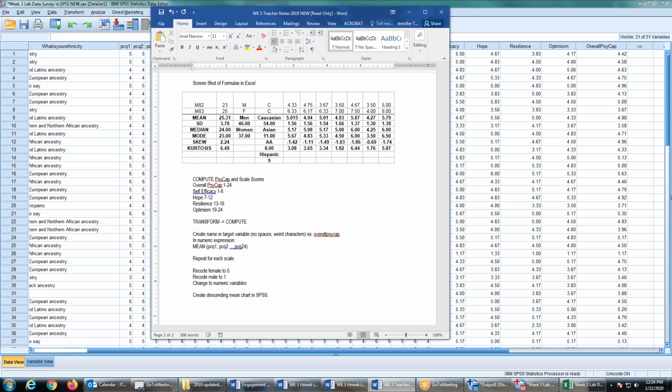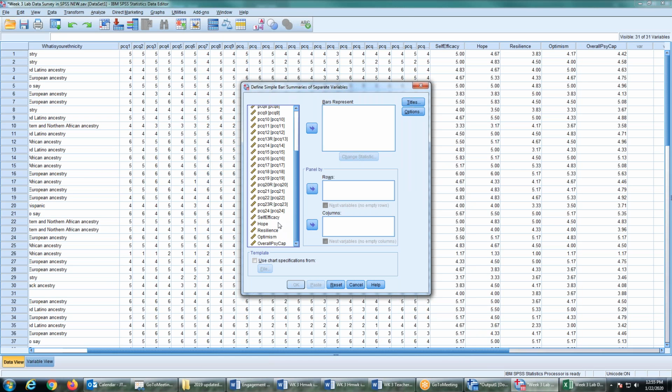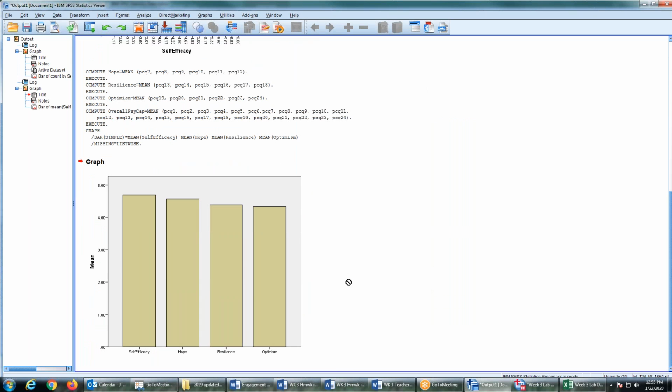That is graph legacy dialog, simple, bars represent groups. Okay. Yep, that did it.